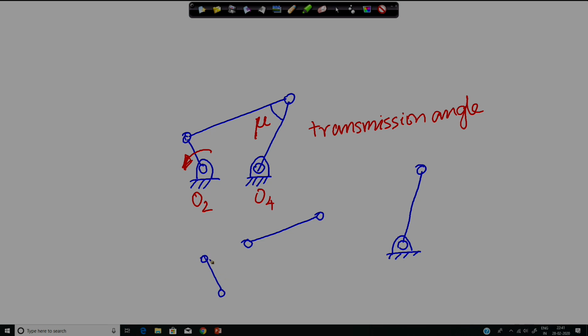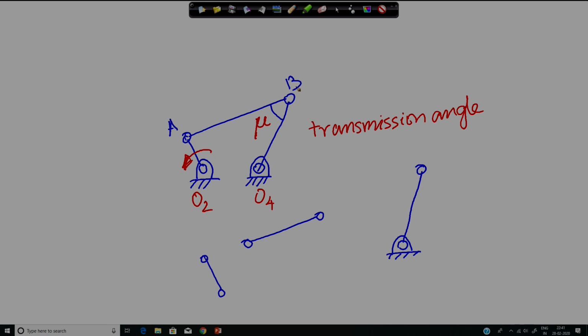So, in this mechanism being driven at O2 and driving some load at O4, definitely the driving link and the driven link are not two force members, but the link AB, which is the coupling link, the coupler, is a two force member.